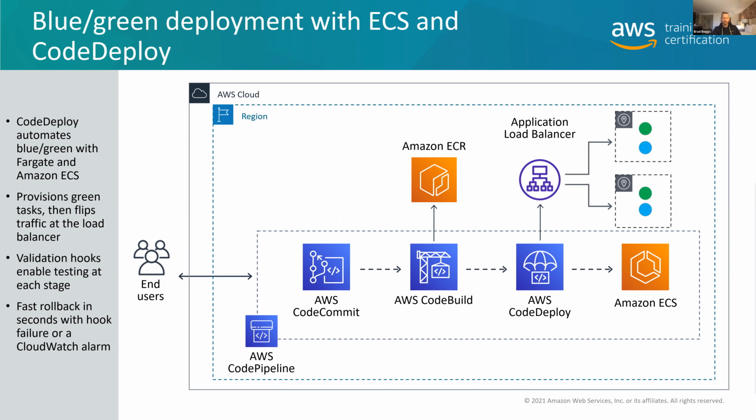The provisioning though seems to take a while, from what I've noticed with some of our deployments. Provisioning of the containers or the tasks to get them into a ready state. Really? You mean on the load balancer or just on the ECS cluster itself? ECS cluster. What kind of containers are you running?